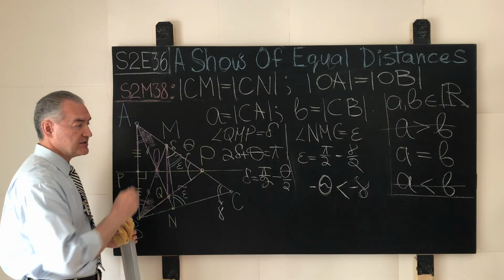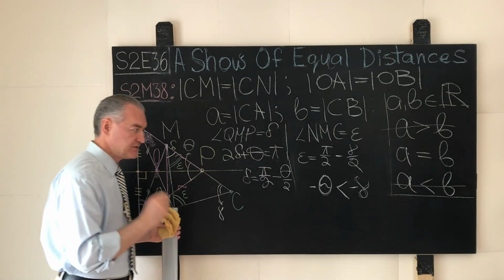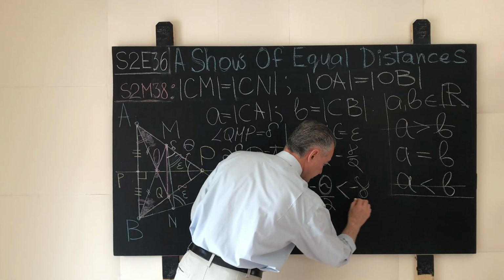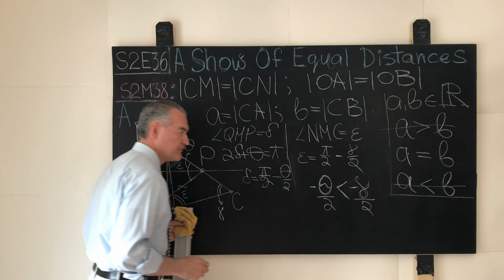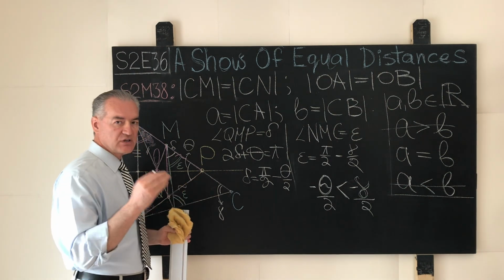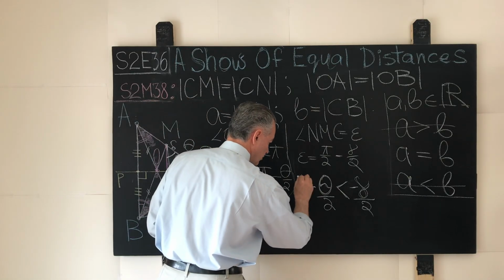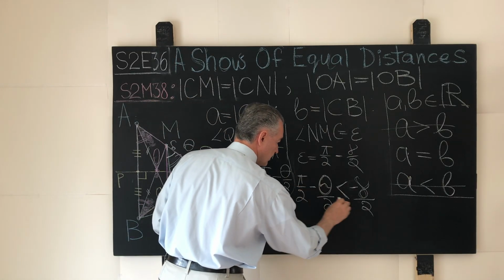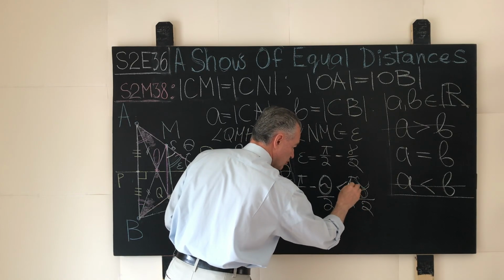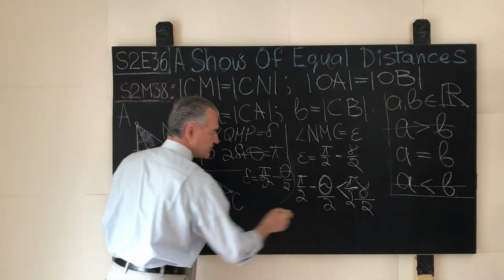Now we take this inequality and divide it through by one and the same non-zero real number, 2. So we divide by 2, the inequality stays, nothing changes. And now we add one and the same strictly positive real number to both sides, pi over 2 plus. So here we have pi over 2 minus gamma over 2, pi over 2 minus theta over 2.